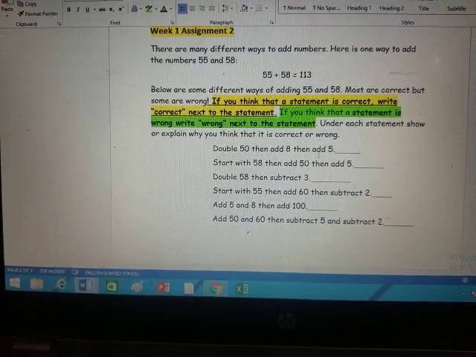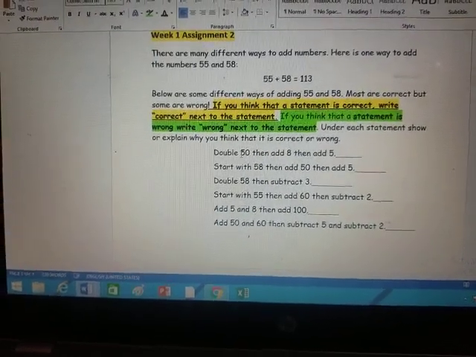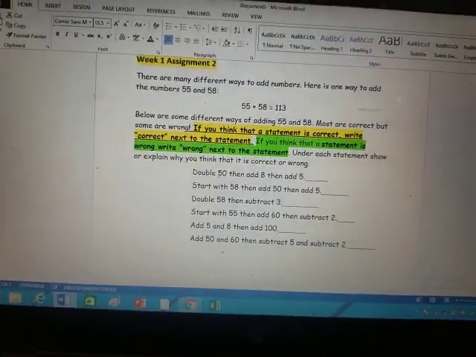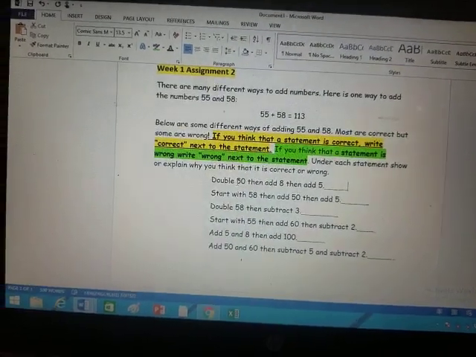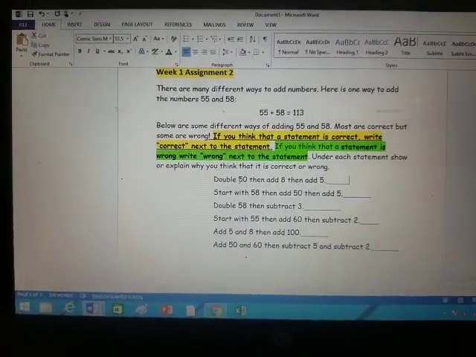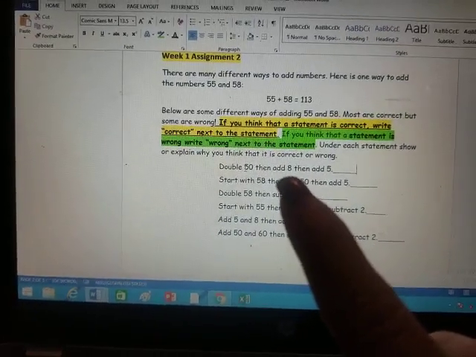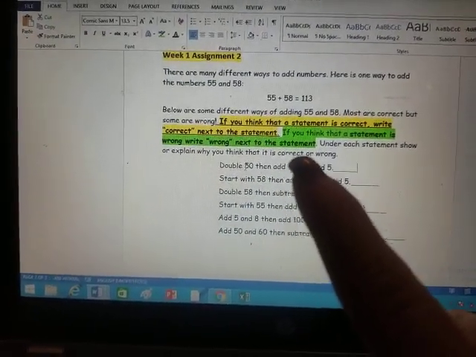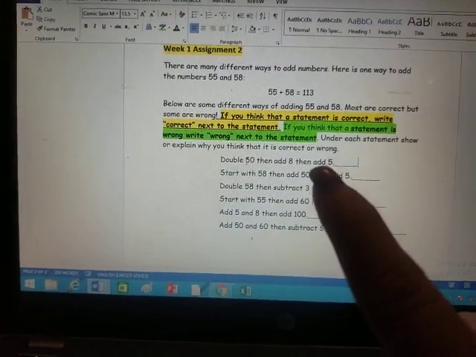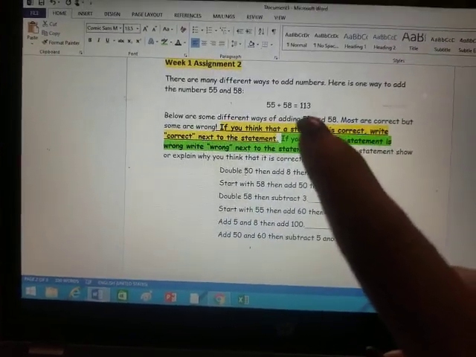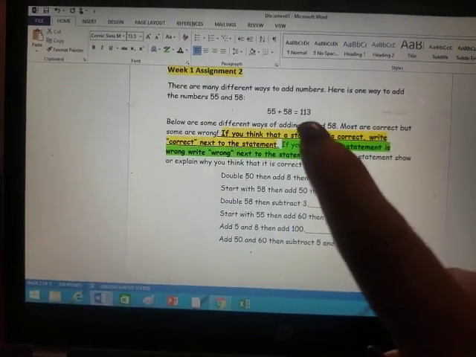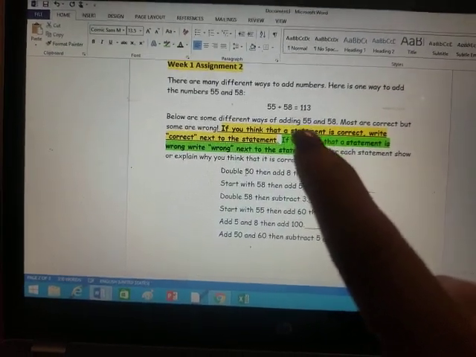So for the first one, it says double 50. If you remember what double means, that means you add 50 plus 50, which is 100. Then you add 8. 100 plus 8 is 108. Then you add 5. 108 plus 5. Does that equal 113? I'll give you a clue. Yes, it does.